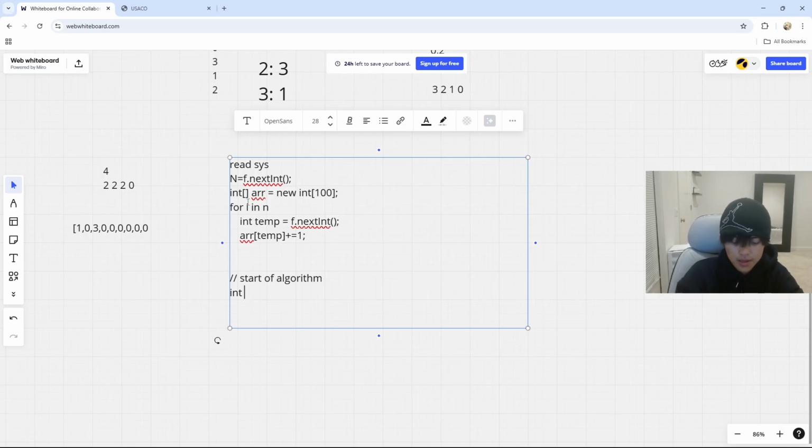So int fill. Actually, probably not. That's hard to write in pseudocode. This is just print.